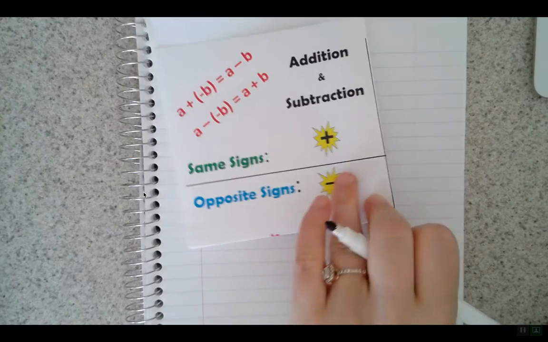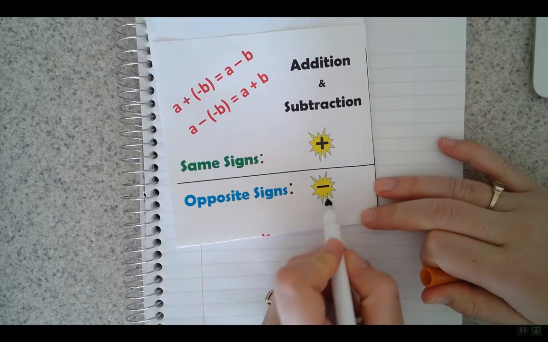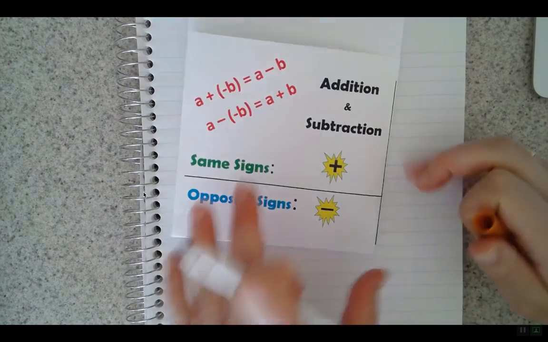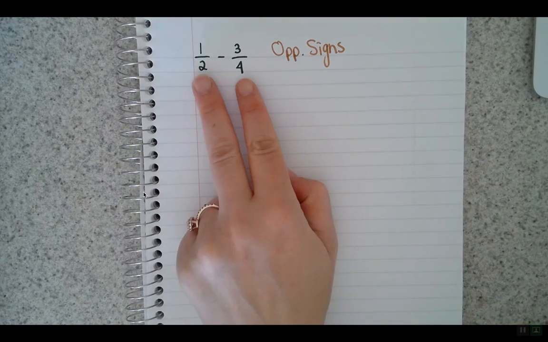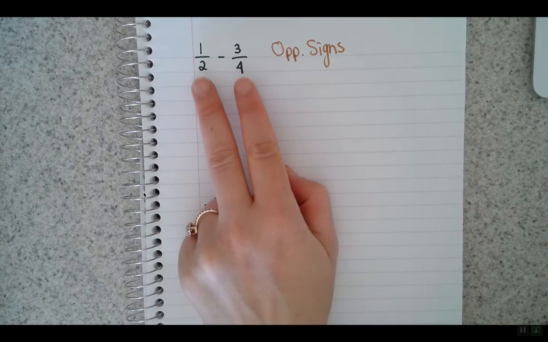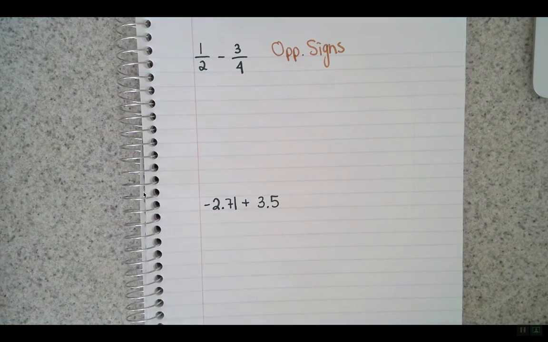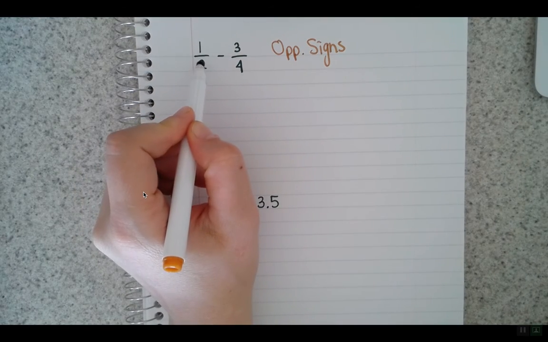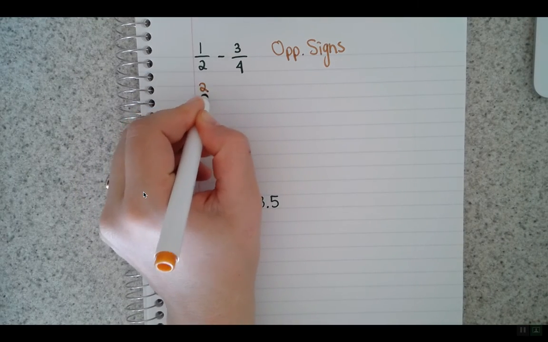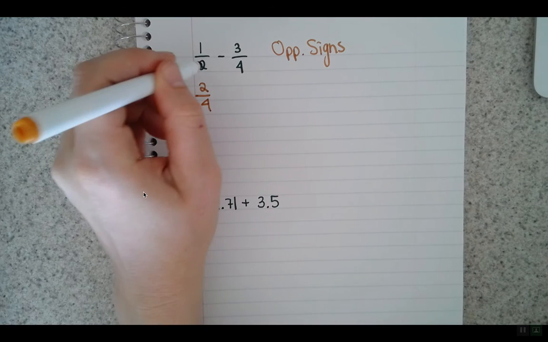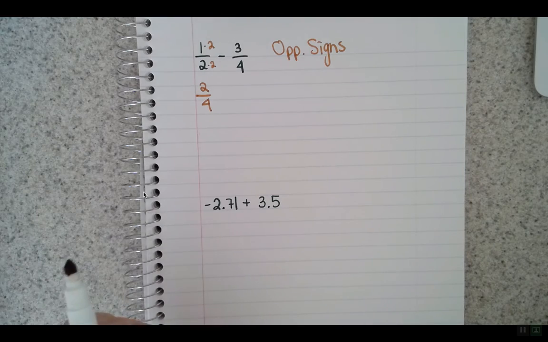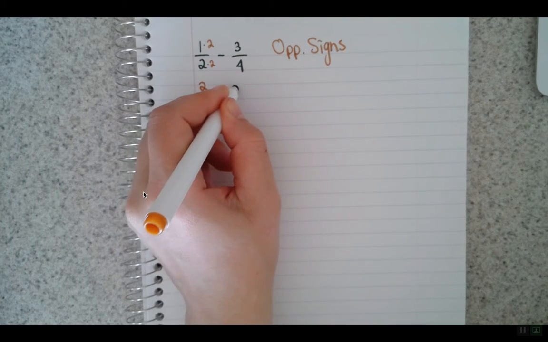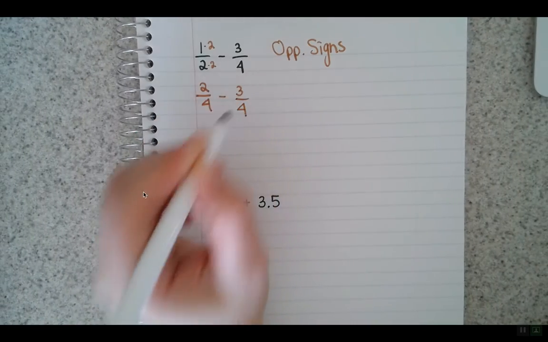Okay, and remember, whenever you have opposite signs, you need to subtract. Now, in order to subtract these two, I'm going to need a common denominator. So let's rewrite 1/2 as 2/4. Multiply both the denominator and the numerator by 2, minus 3/4.